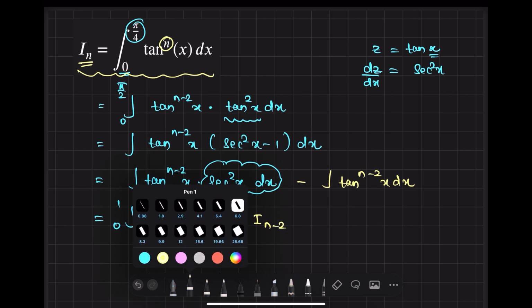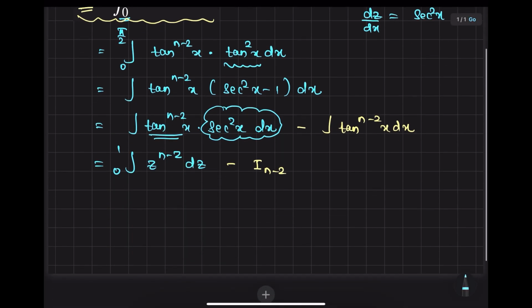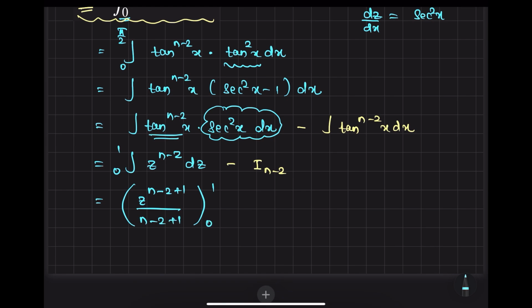Now let's break down the first part. So its integration will become what? z power n minus 2 plus 1 upon n minus 2 plus 1, from 0 to 1, minus I of n minus 2.